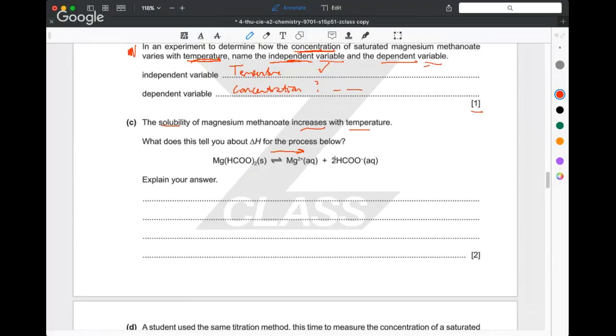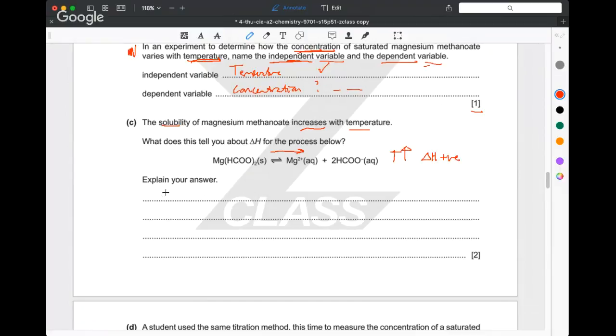More of this dissolves as the temperature increases. Equilibrium is being shifted to the right. And that must mean that if the temperature is going up and the equilibrium is shifting to the right, then the enthalpy change for this reaction must be endothermic.